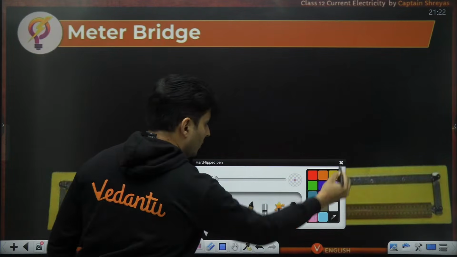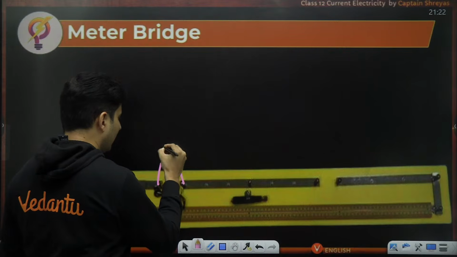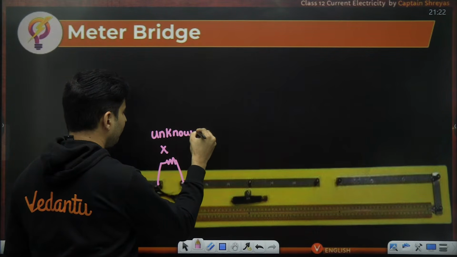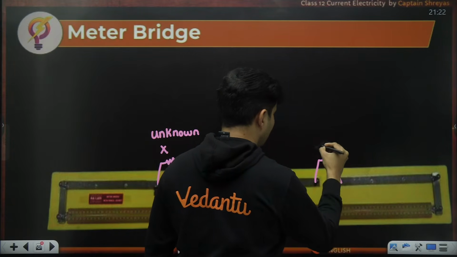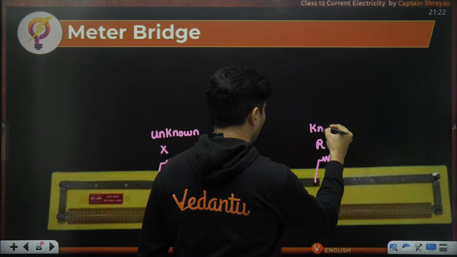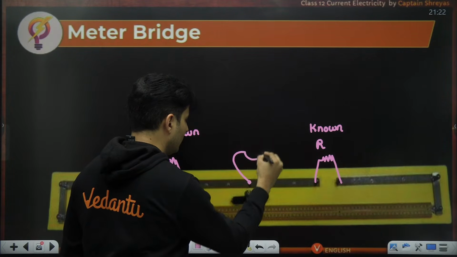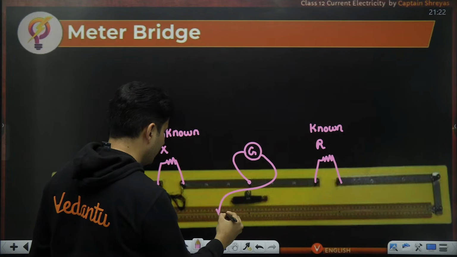Like I said, over here you are going to place X, which is unknown. Here you are going to place some resistor which is known to you. From this point you will take a galvanometer and connect it somewhere here.